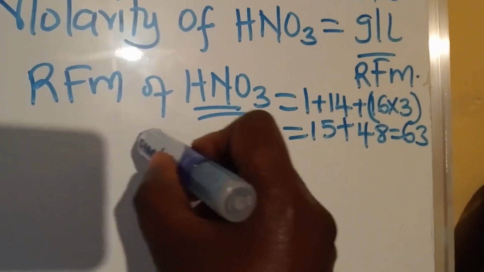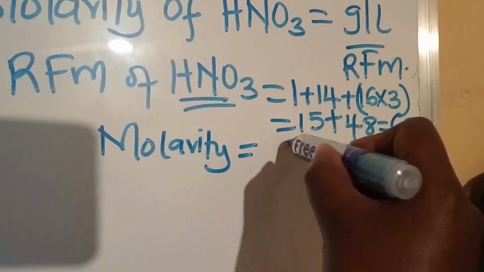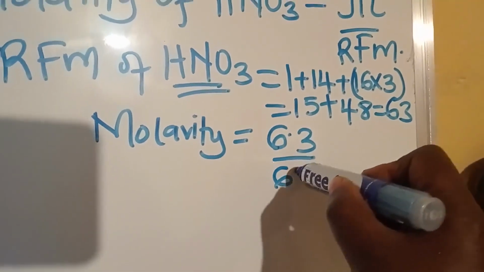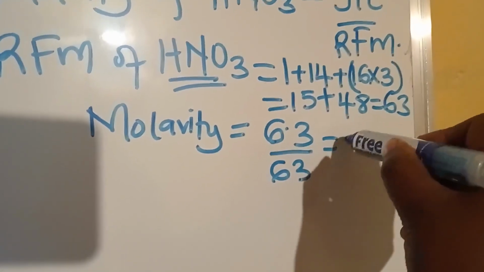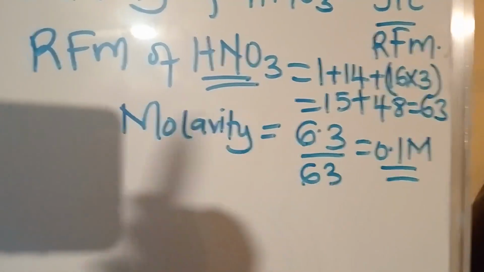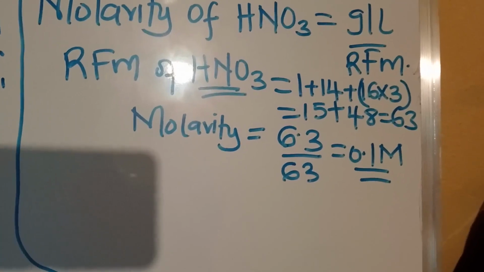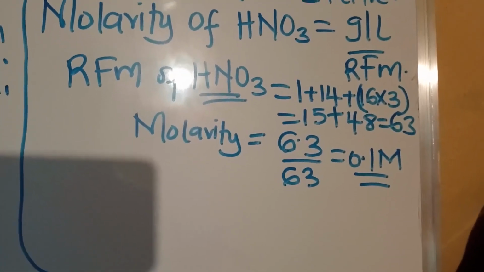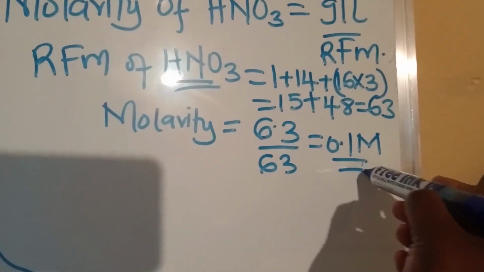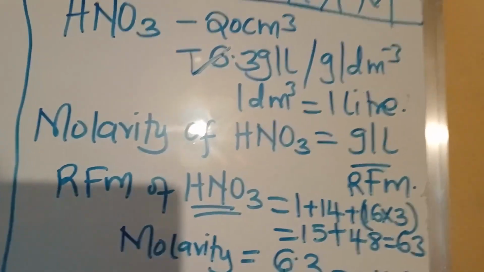So then molarity is equals to 6.3, which is a gram per liter, over 63, which is the R.F.M, and this is 0.1 molarity. So having got molarity as 0.1, then from there we can use this molarity. You see, we have already used the gram per liter.